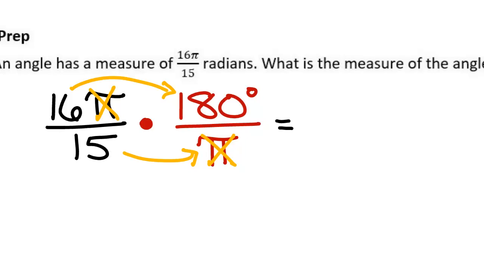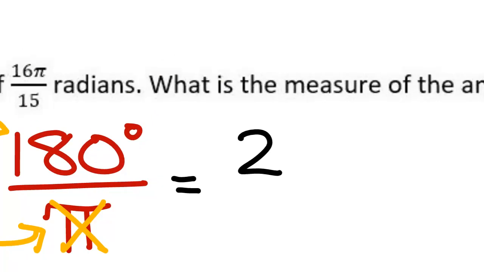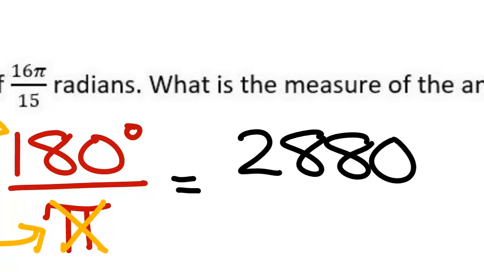So I would have 16 times 180. What is 16 times 180? 2,880 is what I get from multiplying the tops together.